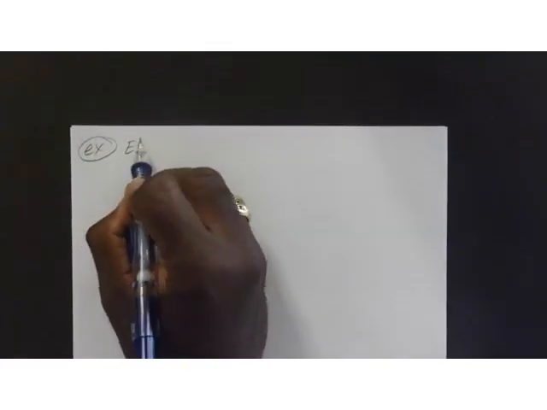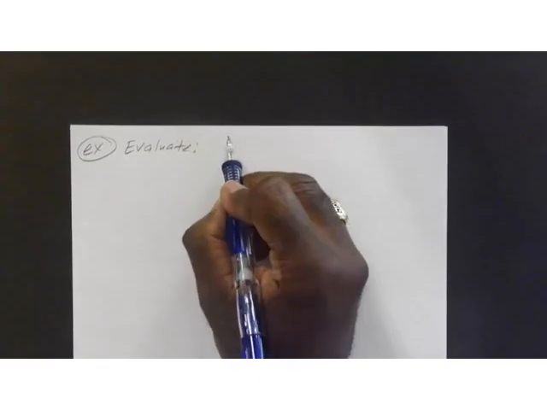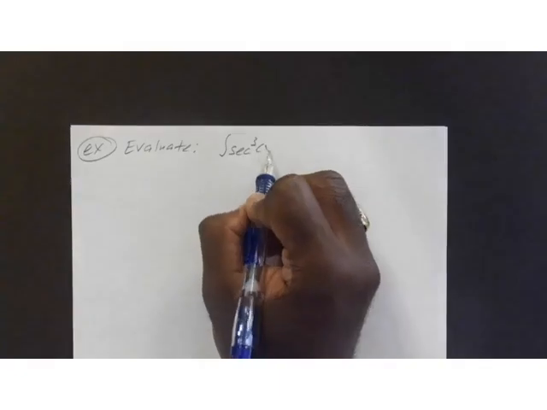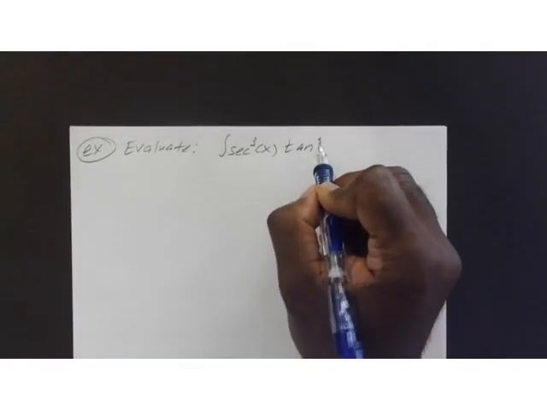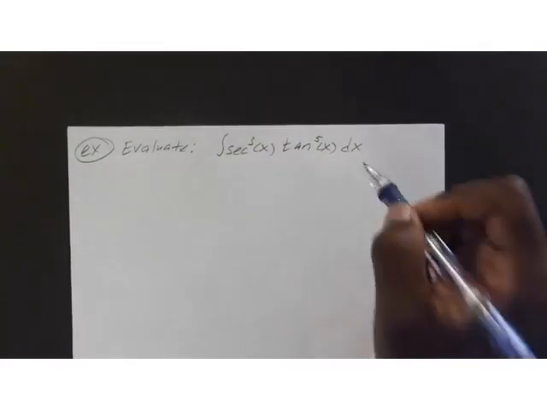Okay, so what if we wanted to evaluate the integral of secant of x to the third power times tangent of x to the fifth power with respect to x?